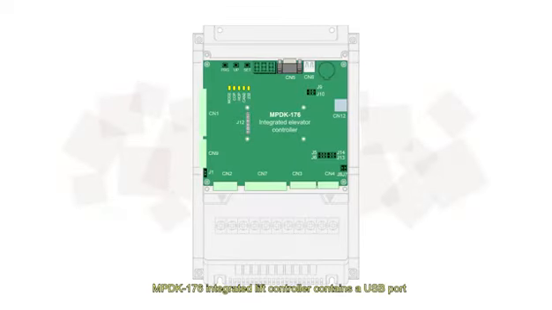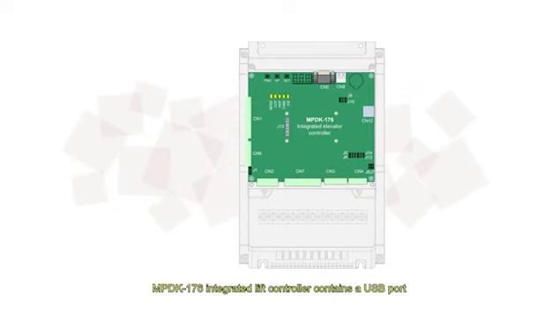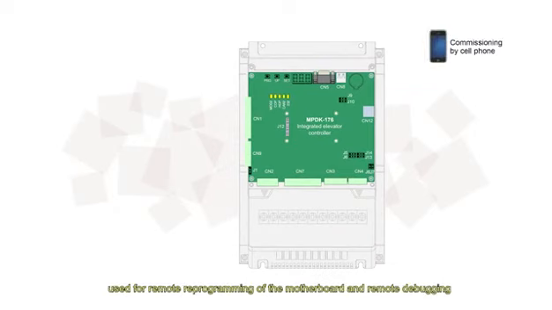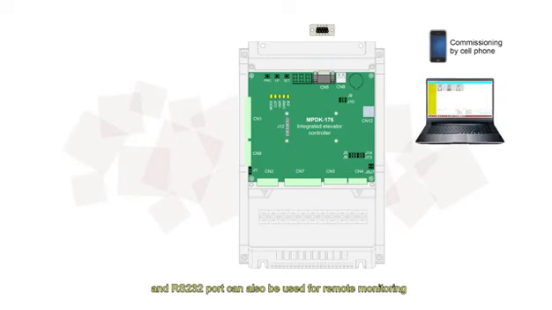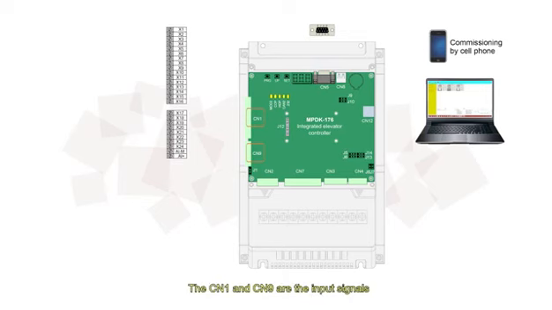MPDK 176 integrated lift controller contains a USB port, used for remote reprogramming of the motherboard and remote debugging. Beside it is the RS-232 port, which can be used for debugging, and also for remote monitoring. CN1 and CN9 are the input signals, which are switching value signal inputs.